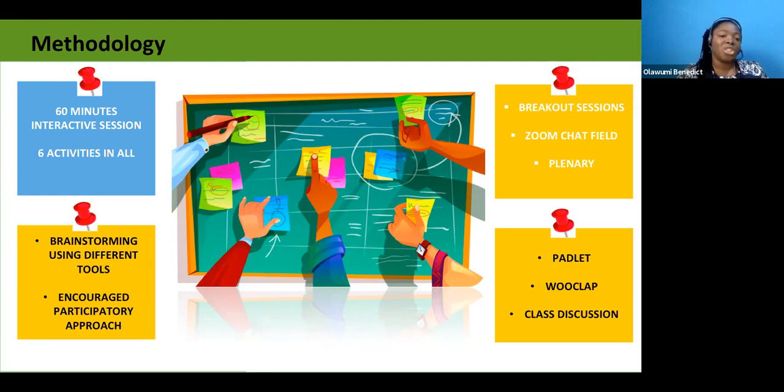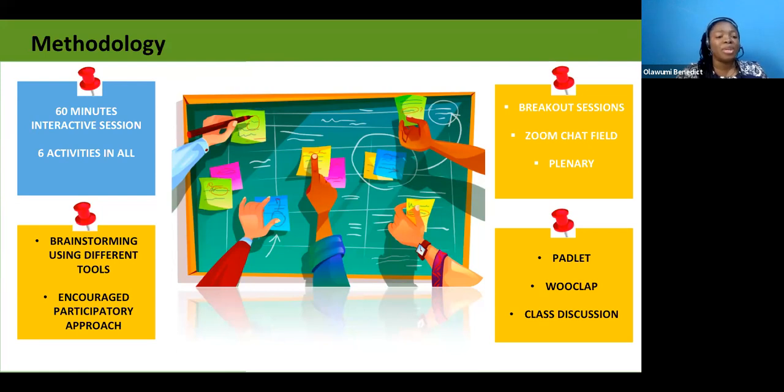So what is the methodology that we're going to use in this training? Well, we have a 60-minute interactive session because we have some activities that we're going to do in between, though the whole session is 1.5 hours. That's 90 minutes. We also have a break and question and answer, but the real time we're going to use to do the PPT training is 60 minutes.